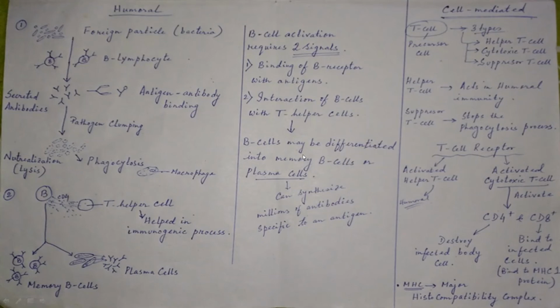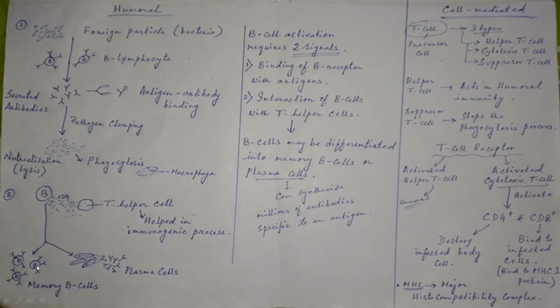Now B cells may be differentiated into memory B cells or plasma cells. And these plasma cells can synthesize millions of antibodies specific to an antigen. So these B cells split up and help each other.